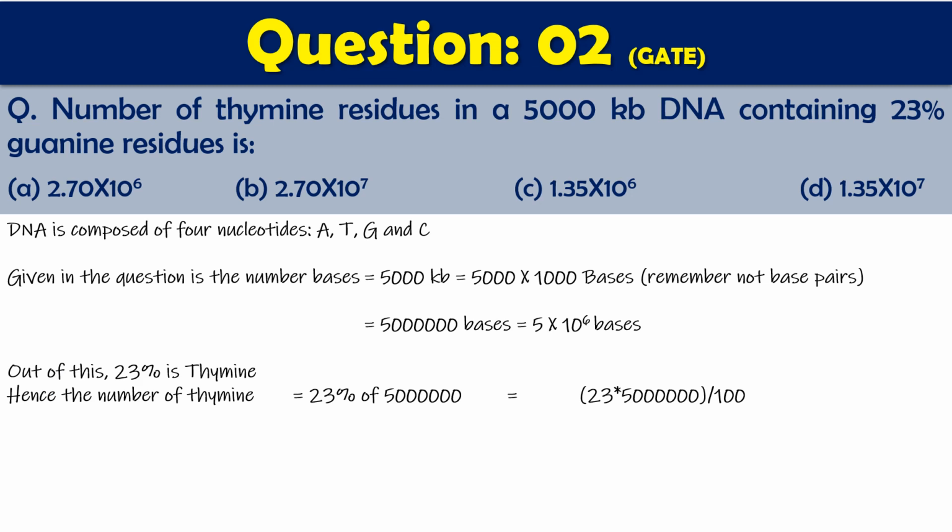The two zeros will be cancelled by the 100. So the remaining is 23 multiplied by 50,000, equal to 11 lakh 50,000 residues. This is only for this one base out of the 5000 kb.